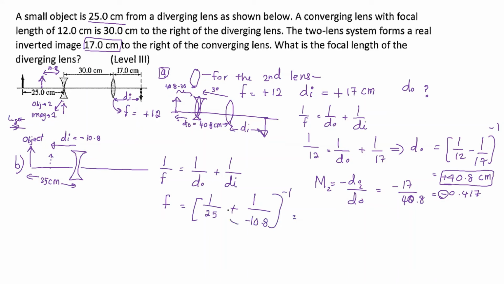So here what you have is a negative value. Negative times positive becomes negative. And when you calculate it, you get negative 19 centimeters. And we know for a diverging lens, f should be a negative value, right? So we got a negative value, which means it might be correct. So it is like a check. We get a negative value for the diverging lens.